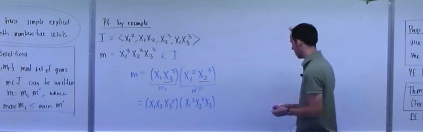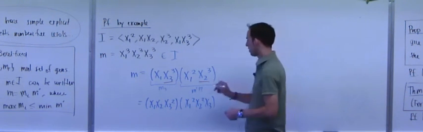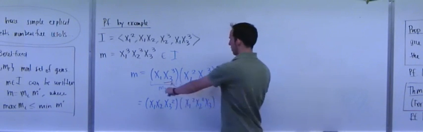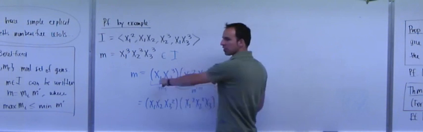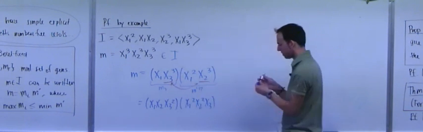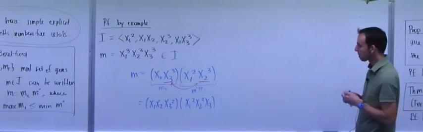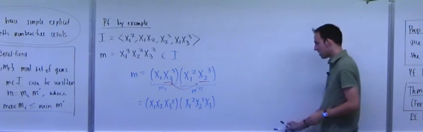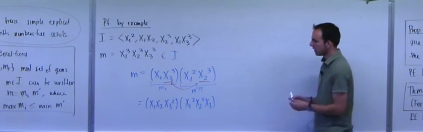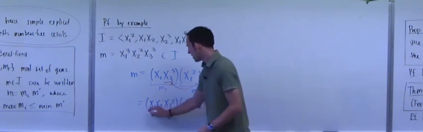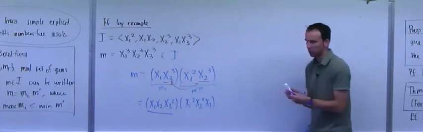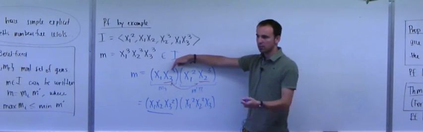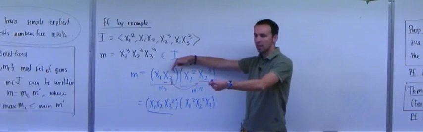Okay. So all I did is take a true equation and then just substitute an x2 for an x3 and move them, switch their places. So what can I say now? What I can say is that I obtained this monomial by taking something in the ideal and taking out x3, adding x2.